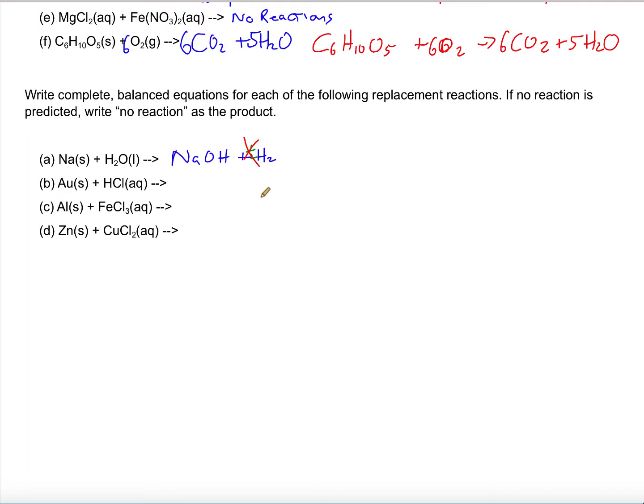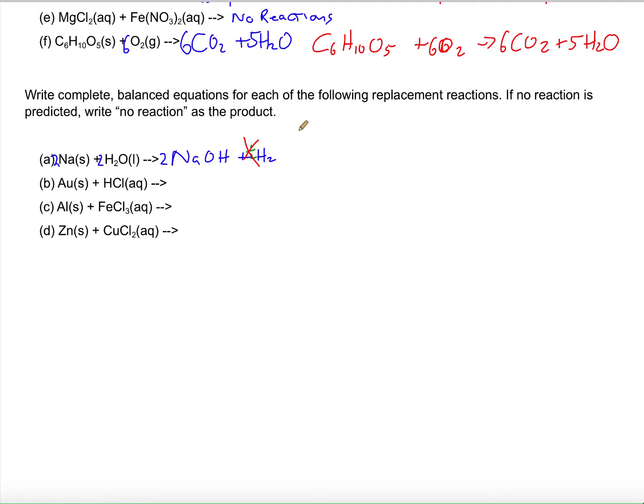So what we have to do is, if we can imagine writing that as 1/2, we really could make it a 1 and just double everything else. So we could leave this as a 1 and put a 2 here and a 2 here and a 2 here, and you will find out that that balances. You have 2 sodiums, you have 2 oxygens, you have 4 hydrogens, and you have 1, 2, 3, 4 hydrogens.